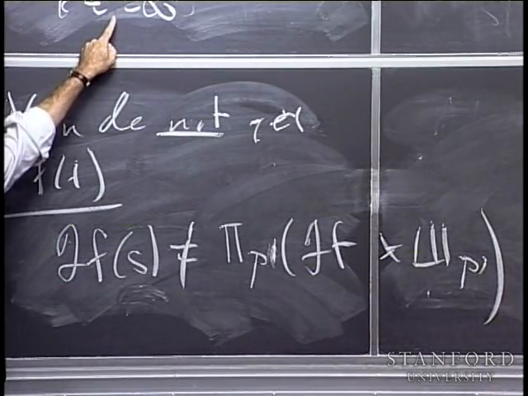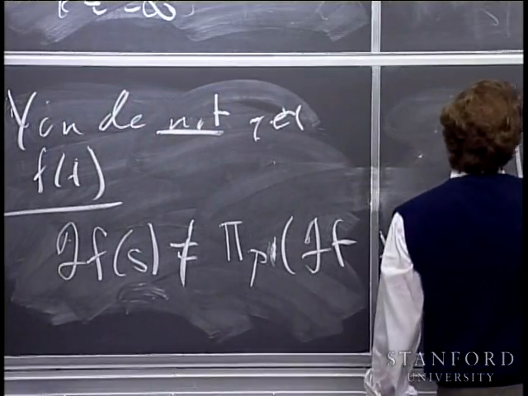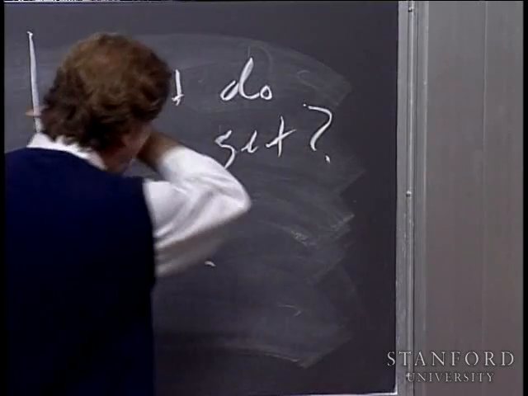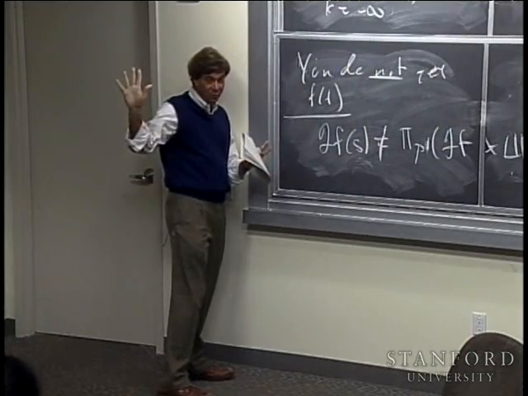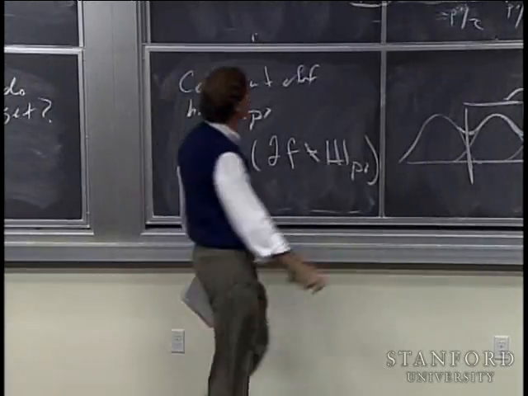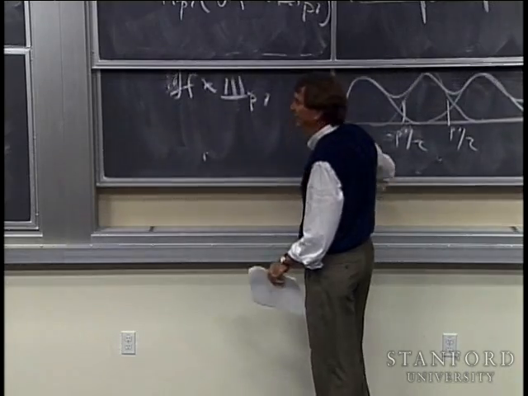What is the relationship between what you get and f? So everybody got this? This is a very important point. Let's call it g. You get something.